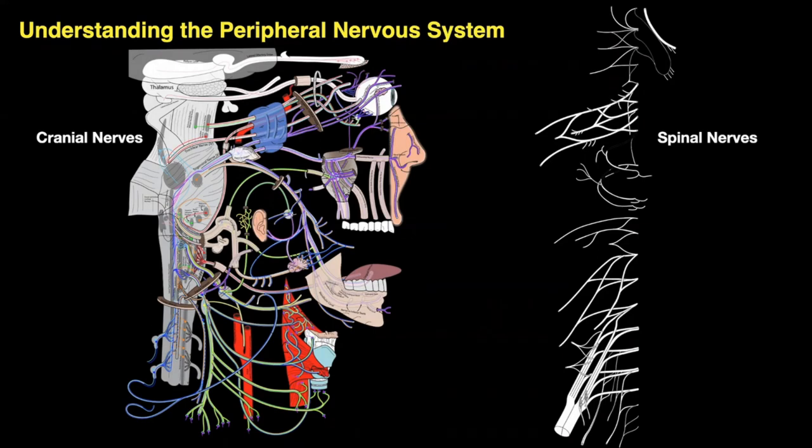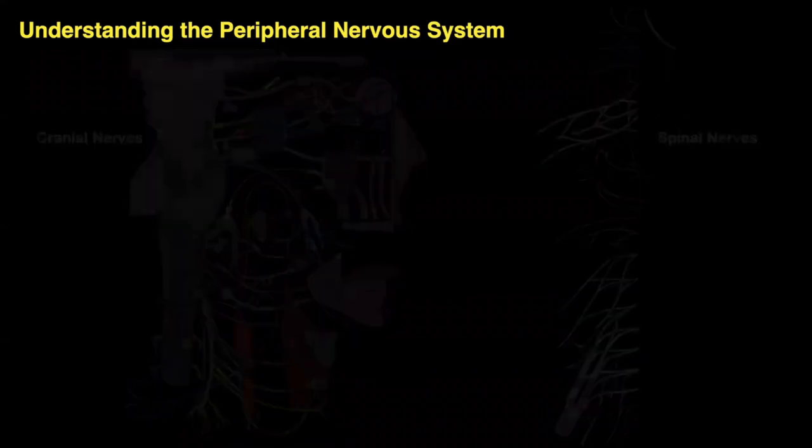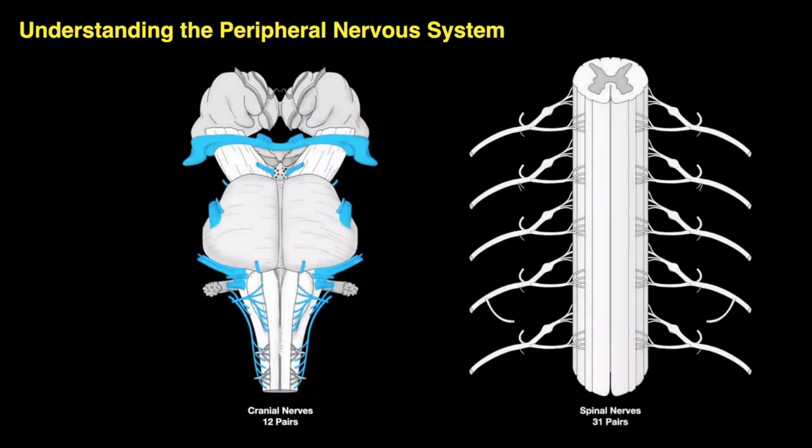But even through this most complex set of wires, if we can look at them a little more simply, we realize that they're basically pretty similar branching structures that arise from both the brainstem as the 12 cranial nerves and from the spinal cord as the 31 pairs of spinal nerves.